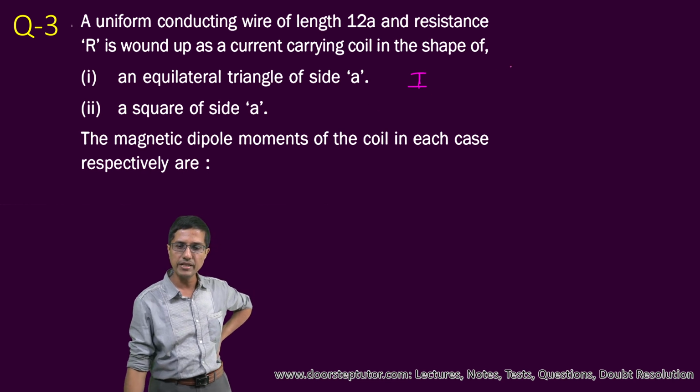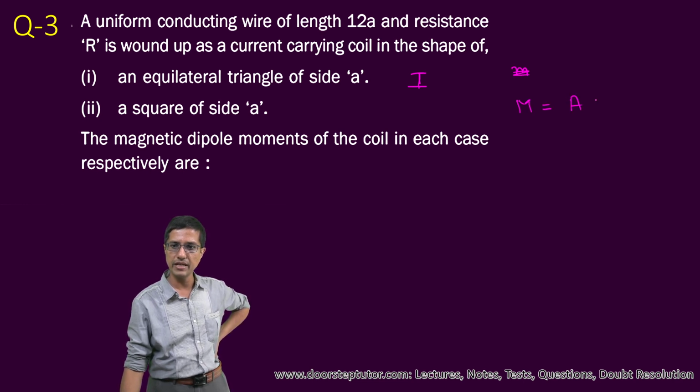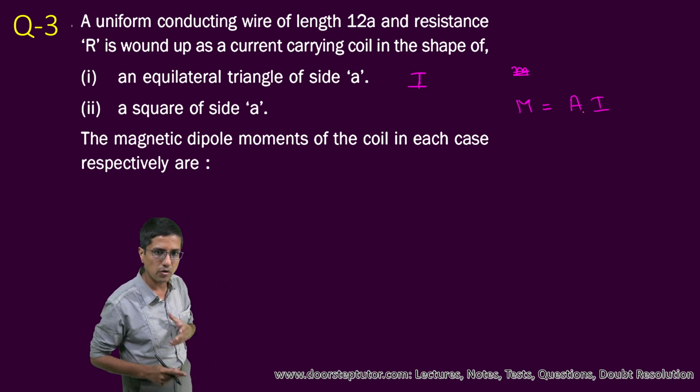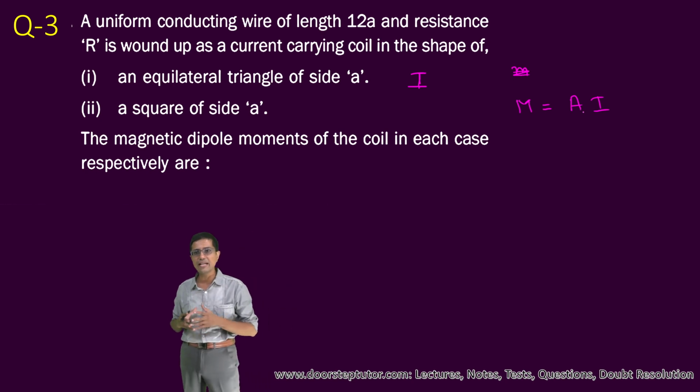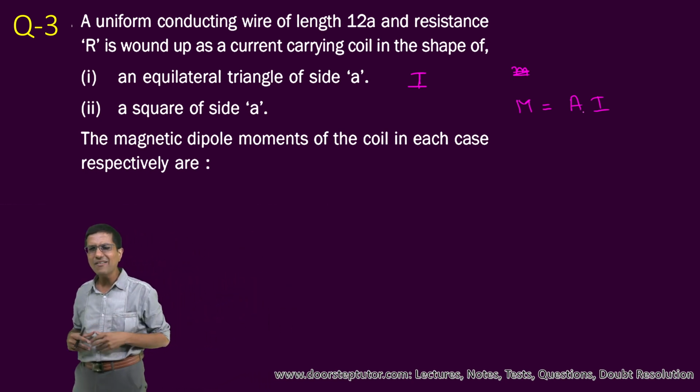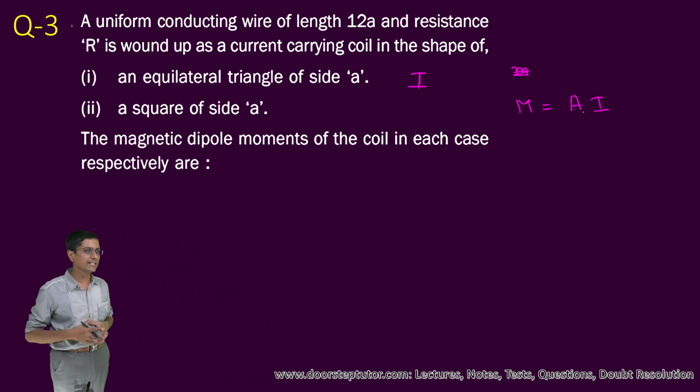So the dipole moment we know is equal to, it is capital M, is equal to A times I. So now we have to find out the answer in terms of current I. So the only thing that we really have to worry about is the area. We also have to worry about one more thing, and that is the number of loops.